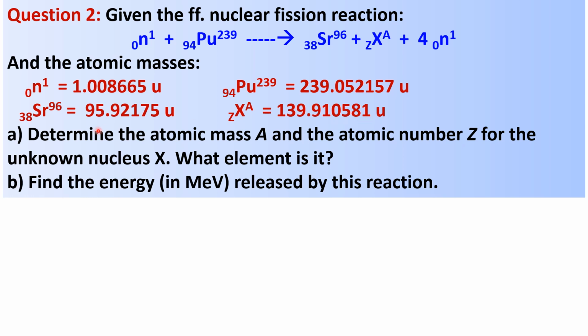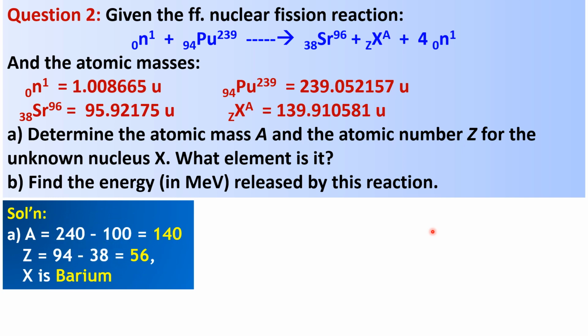First question, letter A, determine the atomic mass, capital A, and the atomic number, capital Z, for the unknown nucleus X. You are to identify what element it is. Question letter B, find the energy in million electron volts released by this fission reaction.